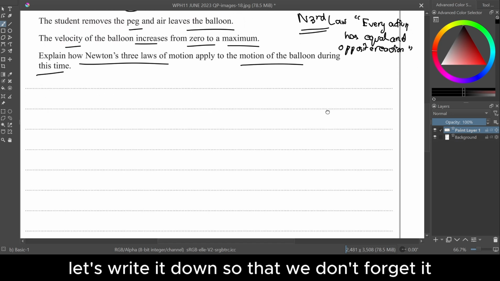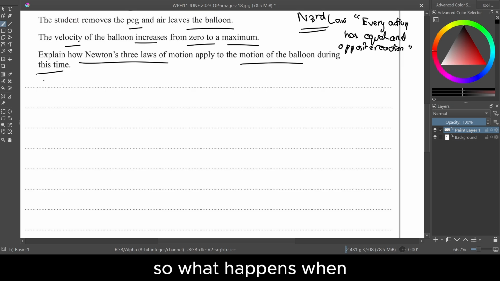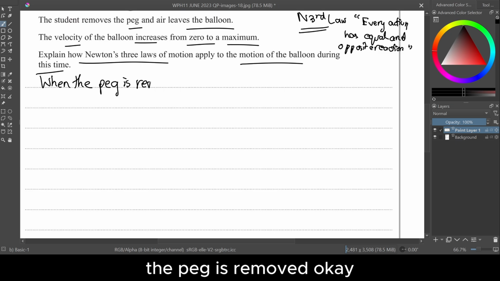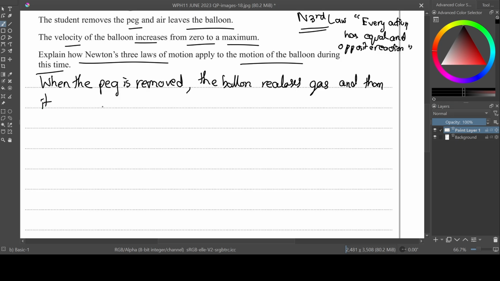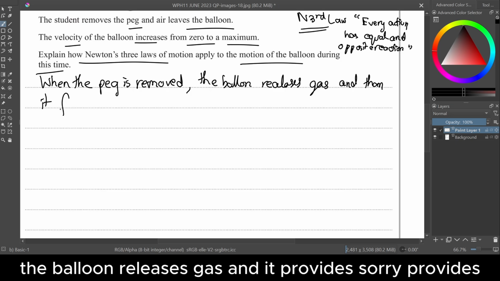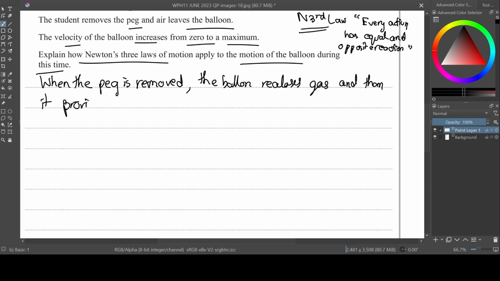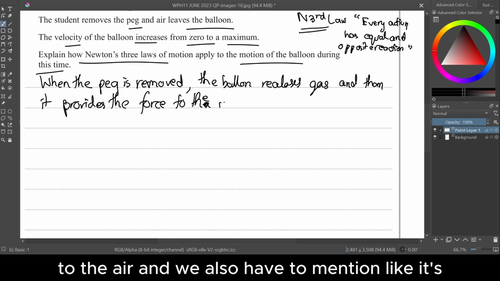Let's write it down so that we don't forget it. So what happens when the peg is removed? The balloon releases gas, and it provides the force to the air.